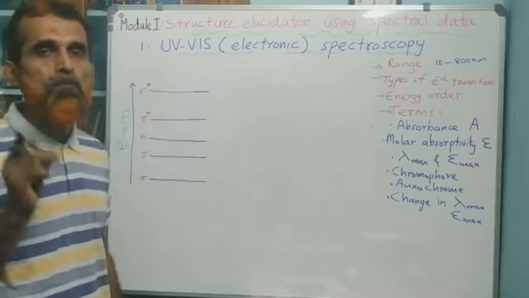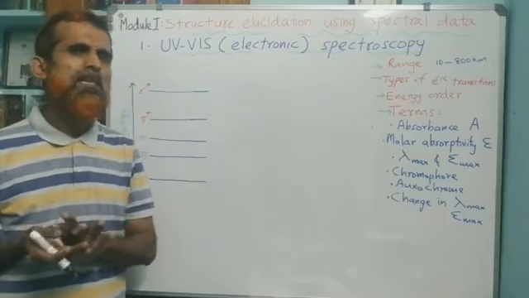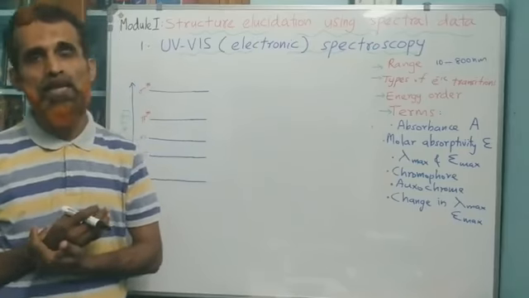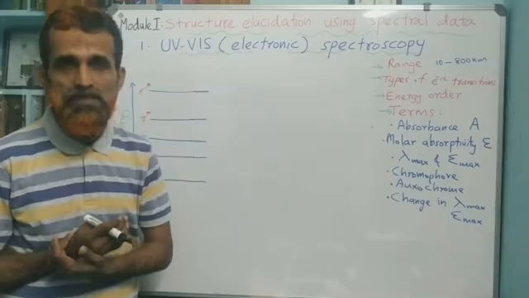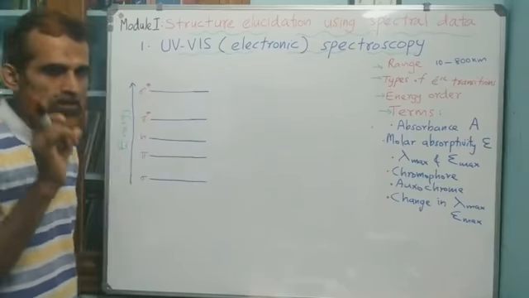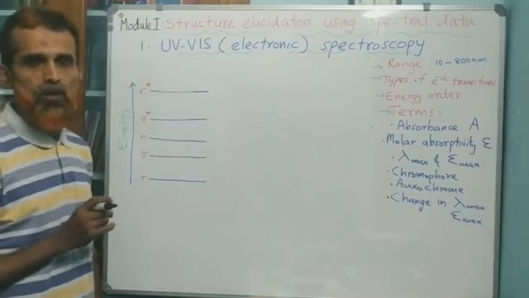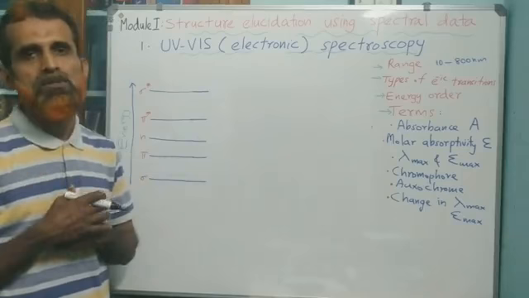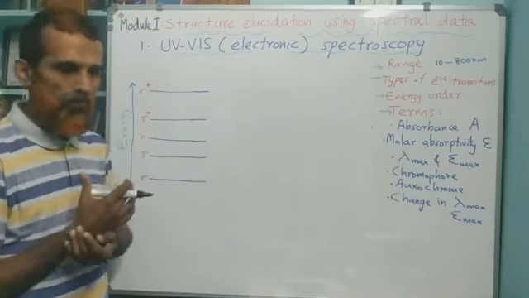N is non-bonding. That means you can see certain lone pairs in certain molecules. For example, if you take aldehyde or ketone which contain oxygen, which will have a lone pair. These electrons are present in non-bonding orbitals which do not take part in this LCAO mixing of orbitals.